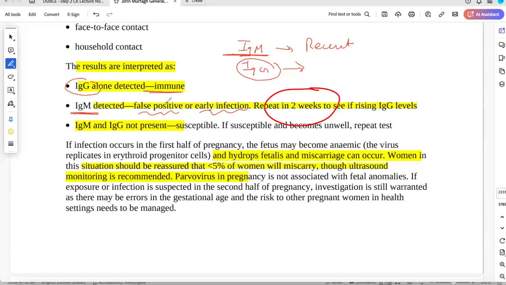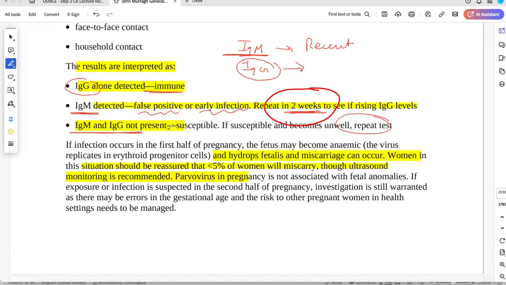In that case, because it can be false positive, you would do a repeat serology in 2 weeks' time and check if the IgG titer is rising. If both IgG and IgM are negative, it's better to repeat the test again in 2 weeks to see if there is any change.